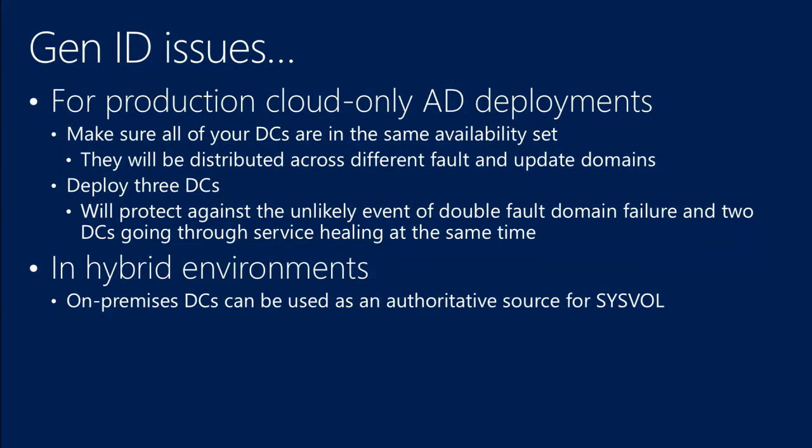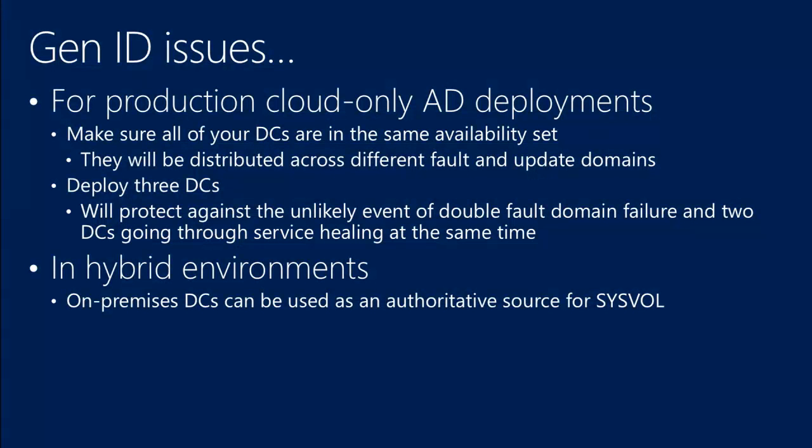In a hybrid environment where you've got on-premises DCs, in theory, if all your VMs in the cloud came up and said, oh, we're non-authoritative, you'd have an authoritative resource sitting on premises. So it doesn't have to replicate. All it needs to do is exchange a little bit of metadata to make sure that sysvol is consistent with another sysvol.